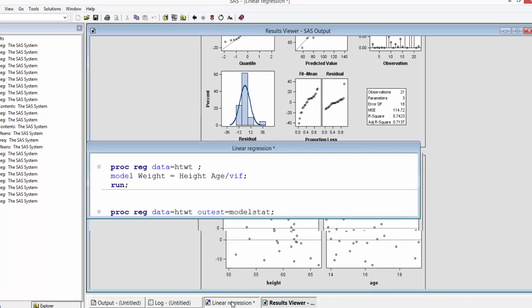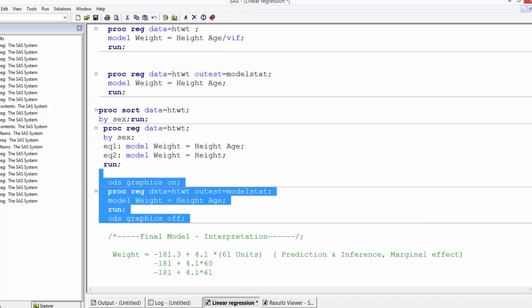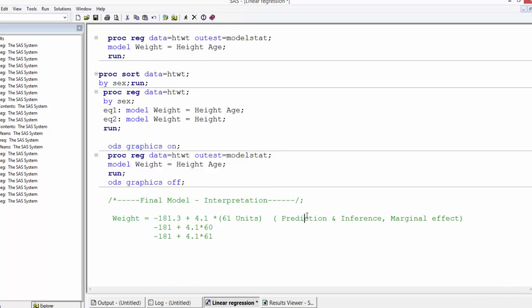A linear regression model can be used for several purposes: for prediction, for inference, and for knowing the marginal effect of independent variables on the dependent variable. This model can be used for prediction of values for the dependent variable and for policy making, through finding out the relationship between variables and the marginal impact on the dependent variable.